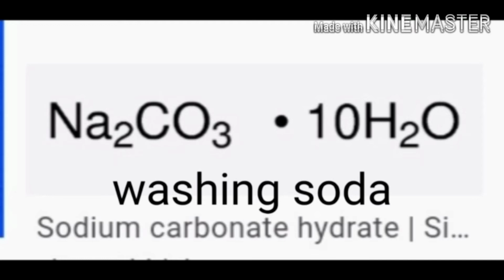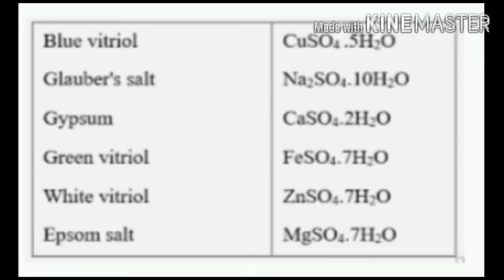Let us now see a list of some more hydrated salt. Here is a list of some hydrated salt with their common name. CuSO4 5H2O, that is copper sulfate, hydrated, is commonly known as blue vitriol.